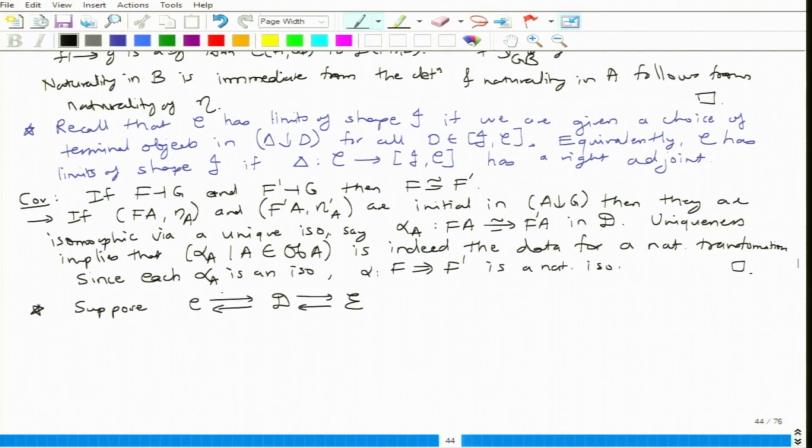The first one is, let's say, F, G, and the second one is H and K, like this. So F is a left adjoint of G, H is a left adjoint of K. Then what can you say about HF and GK?